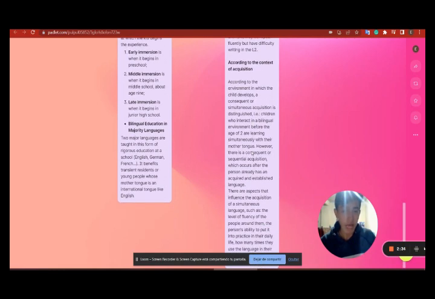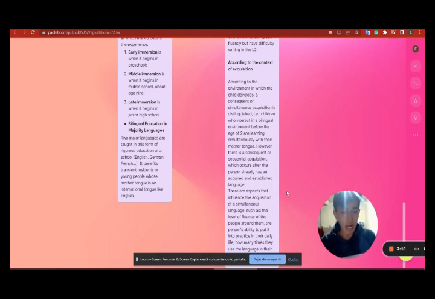According to the context of acquisition, we have the environment in which the child develops, where consecutive or simultaneous acquisition is distinguished. Children who interact in a bilingual environment before the age of 2 are learning simultaneously with their mother tongue. However, there is consecutive or sequential acquisition, which occurs after the person has already acquired an established language.